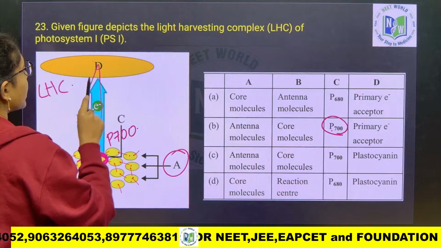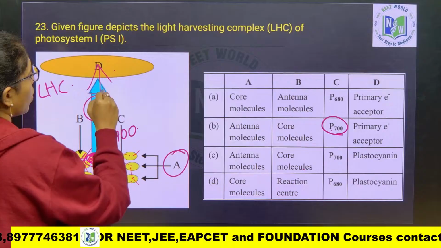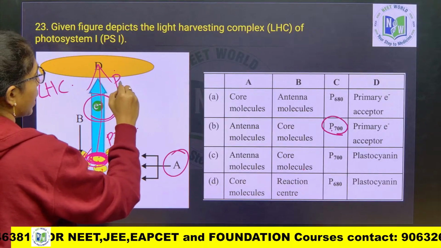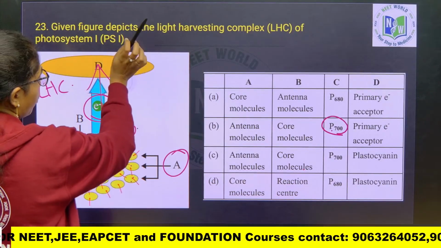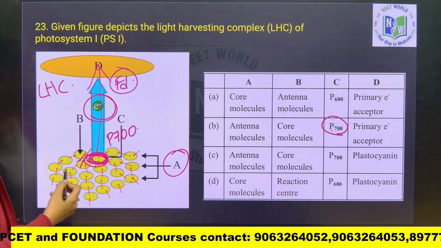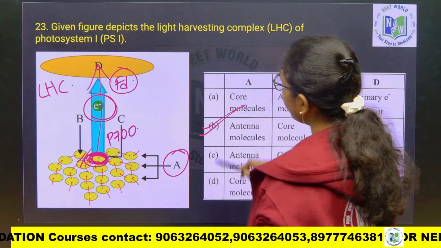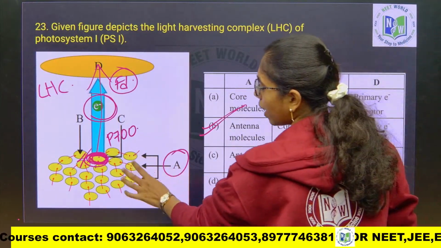And this excited energy goes to the primary electron acceptor, which for photosystem 1 is ferredoxin. So option B will be the right answer.